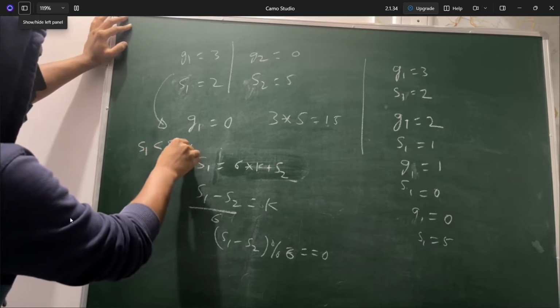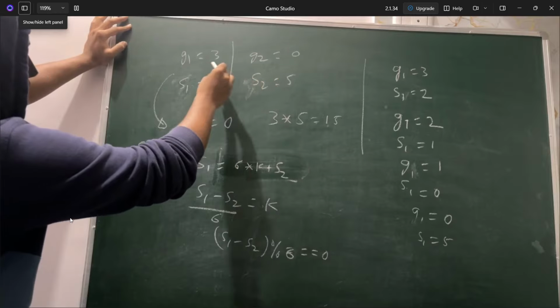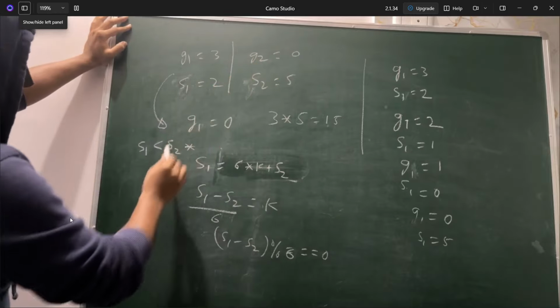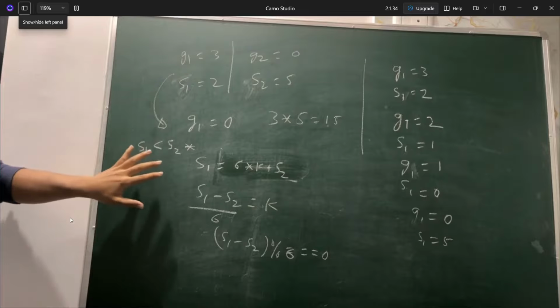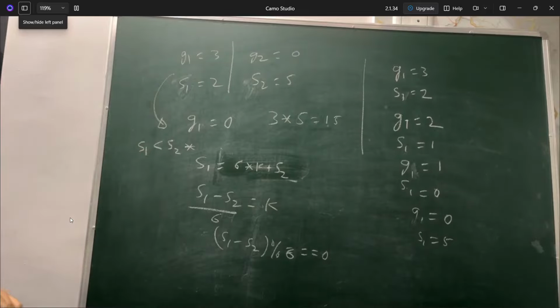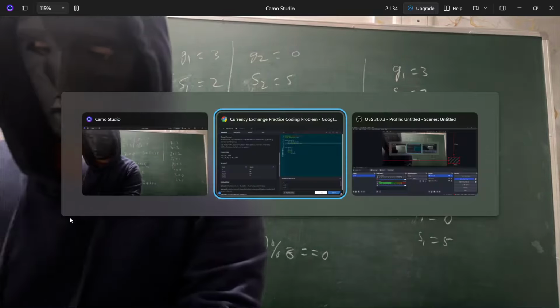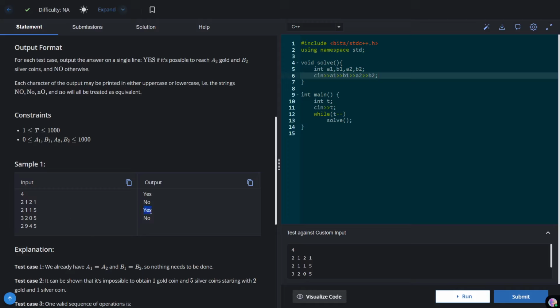In that case we can't achieve this, right? We have achieved gold but we will not be achieving silver. I'll be telling you, don't worry. Let's take another example. In this case we were able to do the transformation, so we will be returning yes.